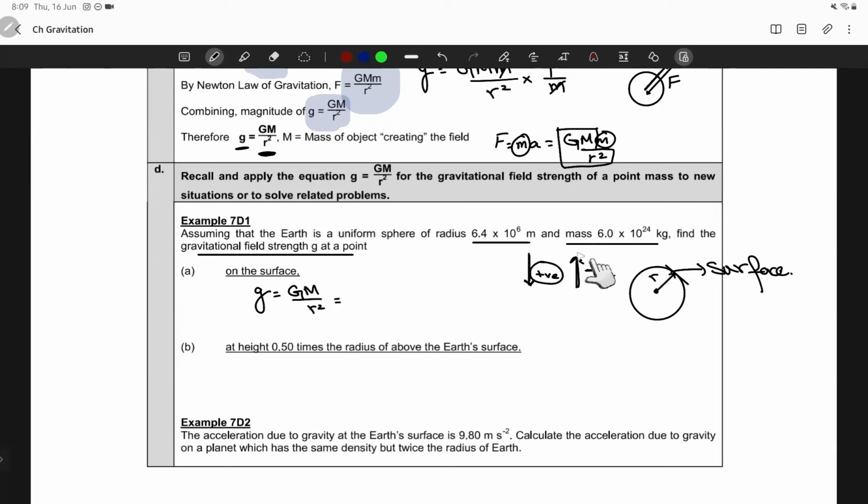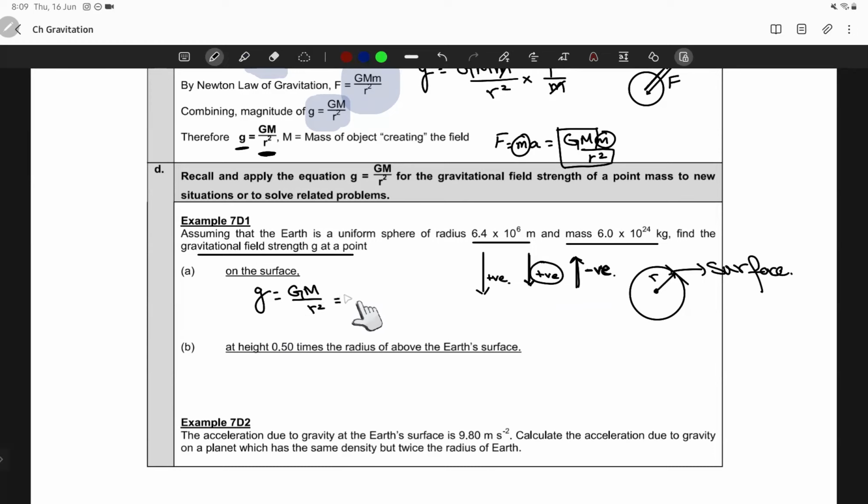If I'm using this coordinate system, then there will be no negative sign in this expression for g, because acceleration of gravity pulls things down to the Earth. So if downward is positive, I'll not include that negative sign. But if you had done the other way around, taking upwards as positive and downwards as negative, then there would be a negative sign over here. Is that clear? Yes. All right, cool.